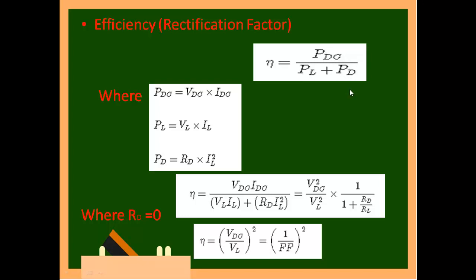This is power across the diode. So power across the diode is nothing but, this is P suffix D, power across diode, which is nothing but some power lost across the diode. So RD is resistance into current. So what will be lost? Lost because of resistance. See, you have a floor.